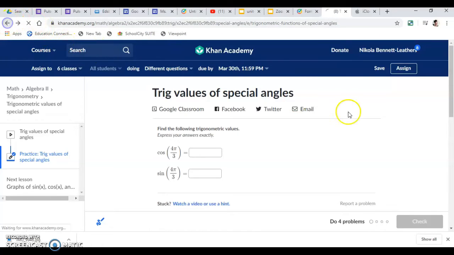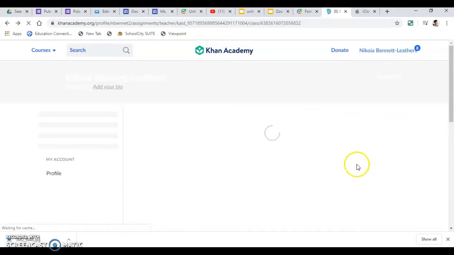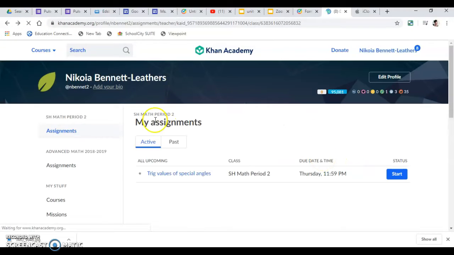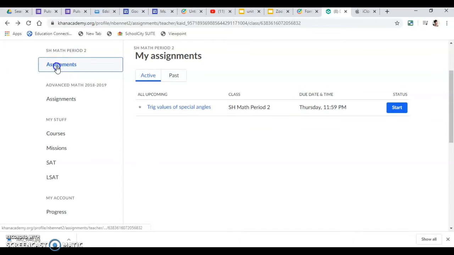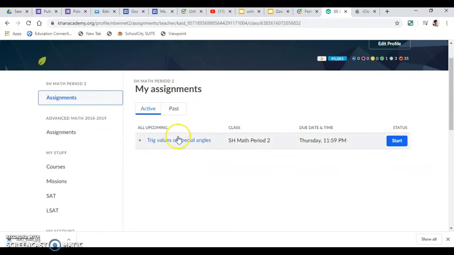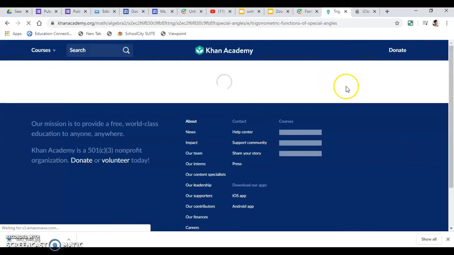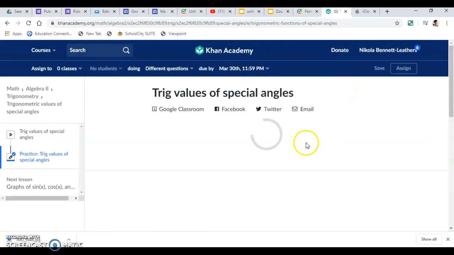It should look just like this, and you should see an assignments tab in the right hand column or the left hand column. Just click on that, and this is your assignment, trig values of special angles. So you would just hit start, and I'm going to hit go to lesson so we can open it up, and you just start your lesson.